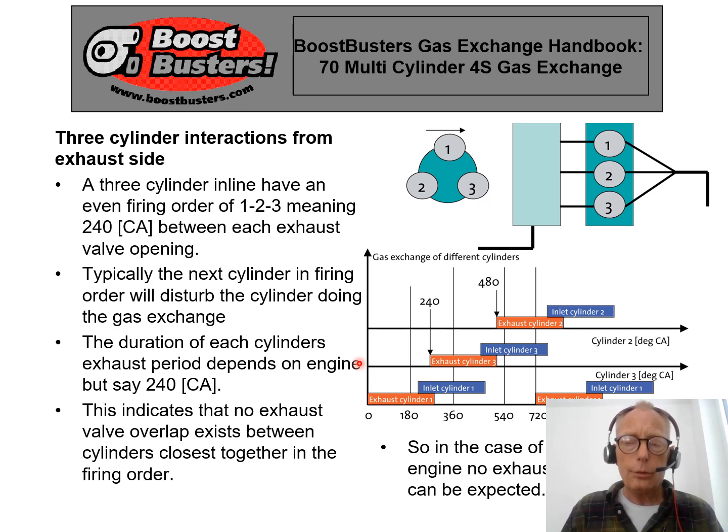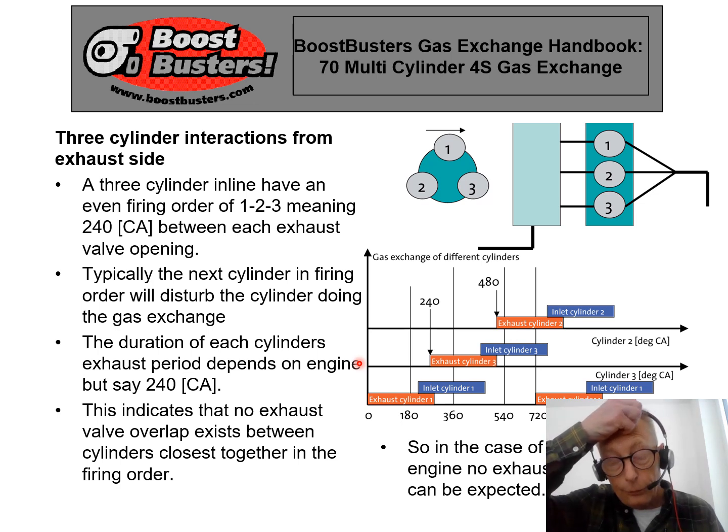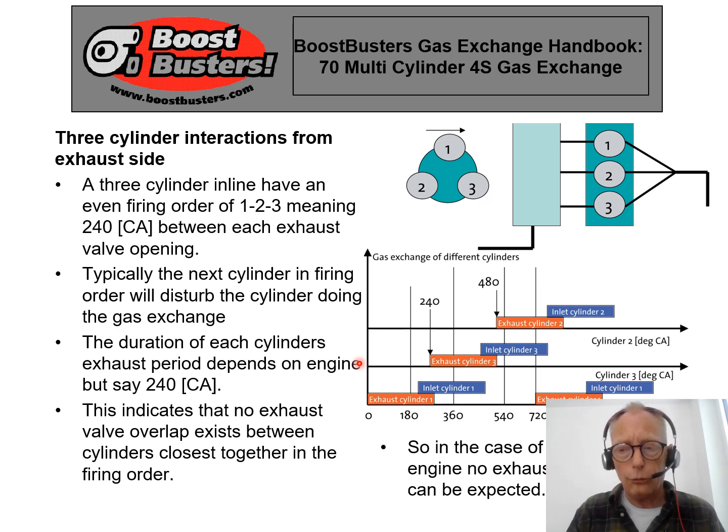And as you can understand, a 6-cylinder engine could very easily become two 3-cylinder groups. That's true for inline 6-cylinder engines, it's true for some V6 engines, and it's true for boxer 6-cylinder engines like Porsche, for instance.